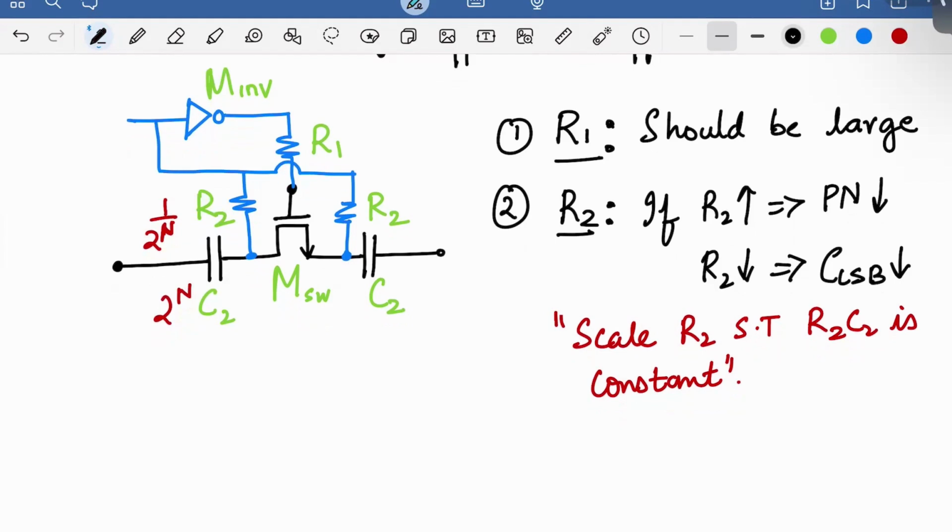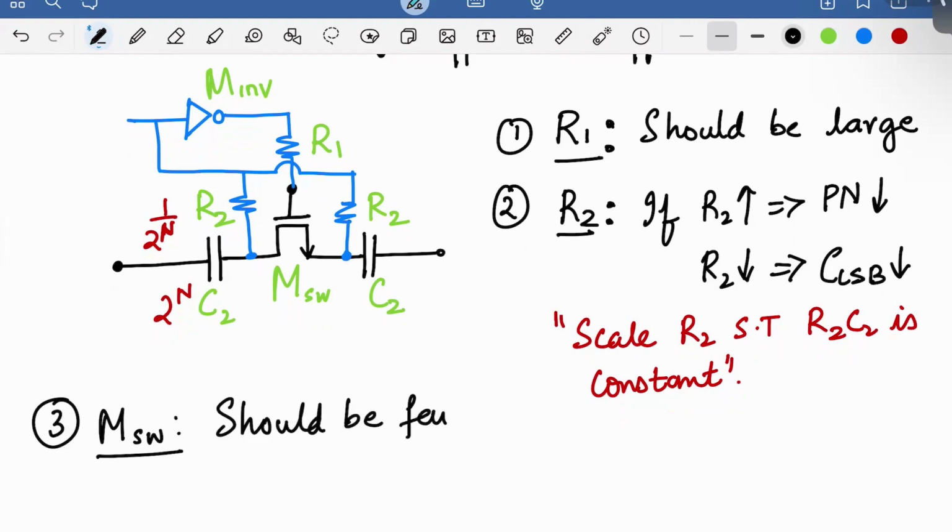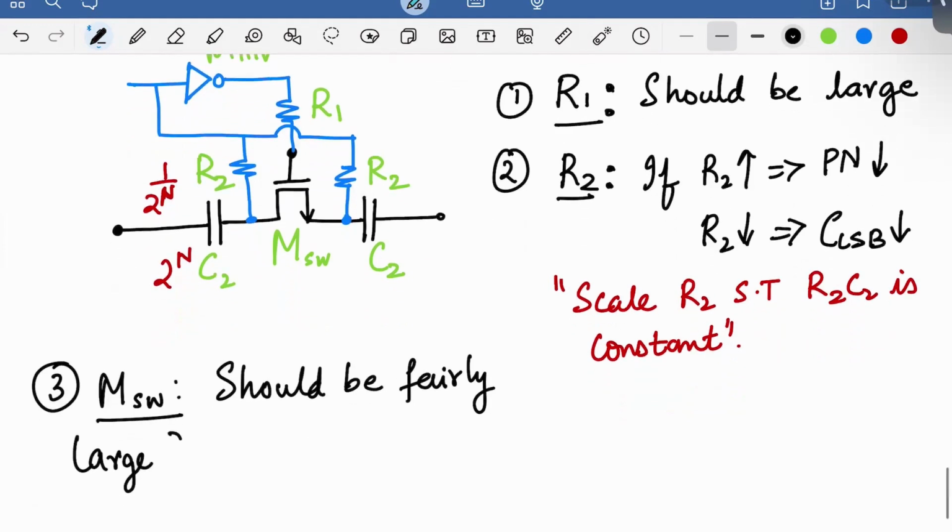The next thing, the third part, is the switch transistor. So the switch transistor should be fairly large. Why is that? Two reasons. Flicker noise is lower when it's larger.